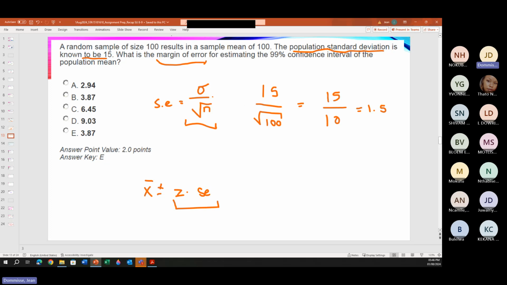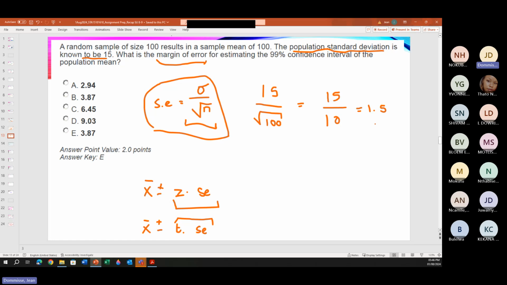So standard error is we're only looking at this for standard error. The margin of error is this component that is basically giving us how far the confidence interval is going to be from the mean. Okay, so this part is your margin of error.